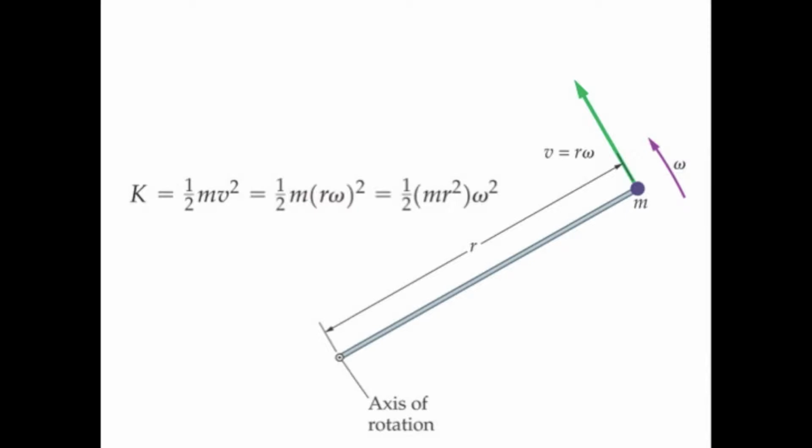As you can see, we group the mr squared together and the omega squared separate because in fact in rotational motion mr squared can be expressed as another quantity that we will find out in the next slide.